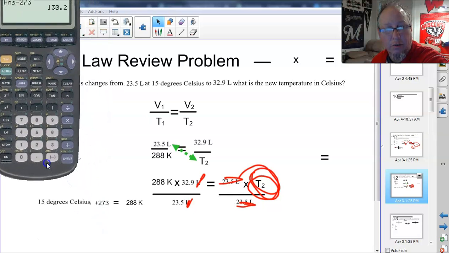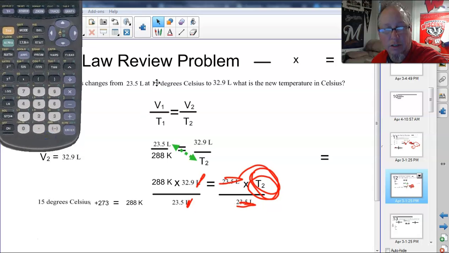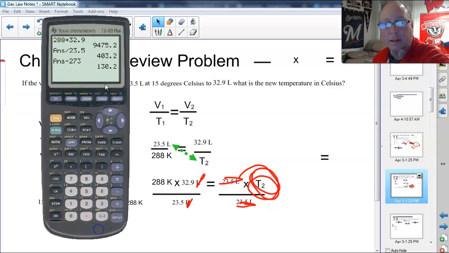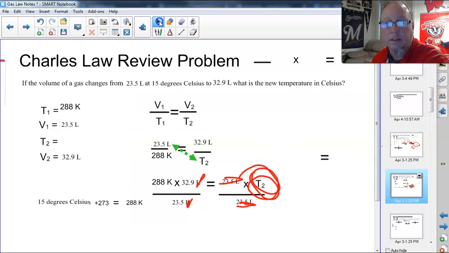Just for the record, when I did my calculation, I took this number and added 273. This became 3 significant digits, and 3 significant digits is the right value. So this is 3, this is 3, this is 3. My answer should be 3. So 130 would be my final answer.